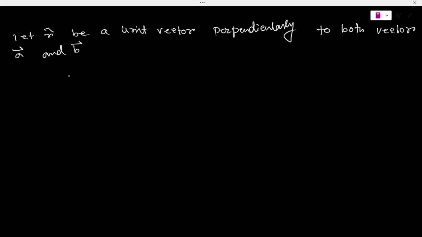Okay, so a vector cross b vector, what will it be? It will be a vector b vector sin theta n cap.